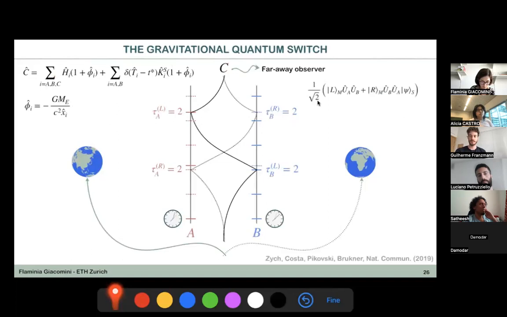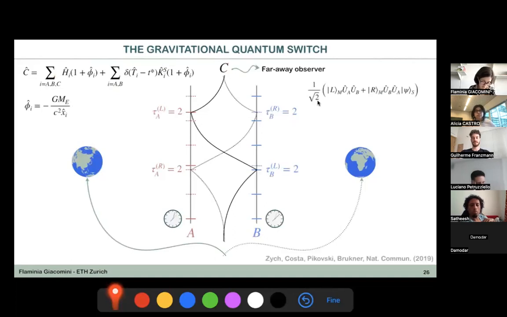And then we want to apply these operations when the time is T star, so in this case 2, both for clock A and for clock B. So what we have to do is to activate this local operation on the system when the two clocks tell me that it's this time T star that is 2 in this picture.